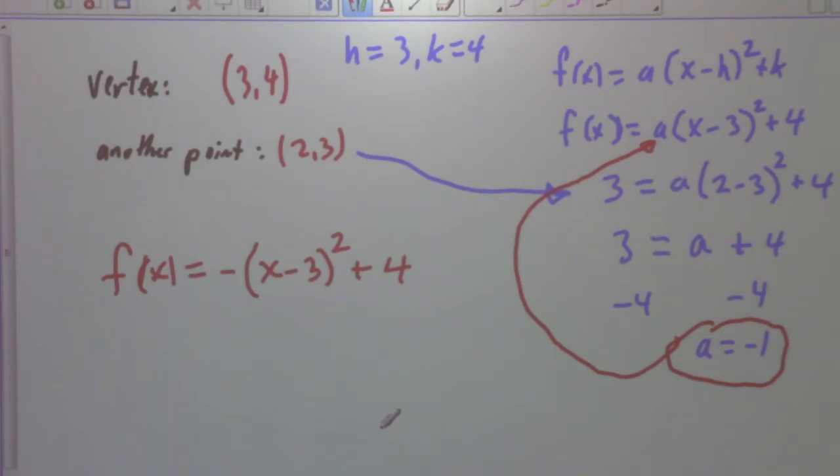We can also plug our point back in to check. If we plug in 2 for x, we have 2 minus 3, or negative 1 squared, which is 1. So negative 1 plus 4 is equal to 3. Check. This is our correct answer for this one.